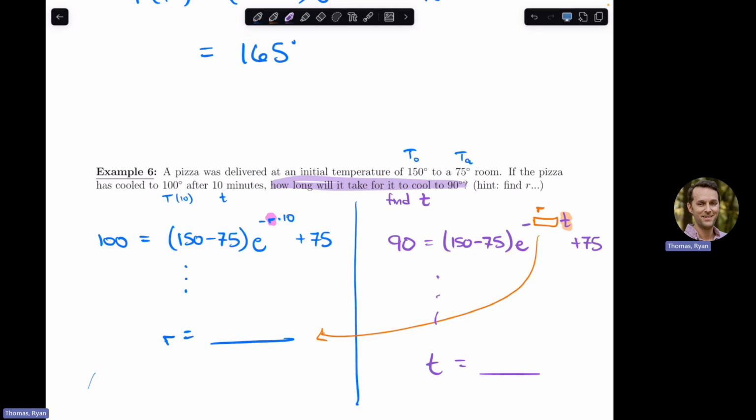So the actual steps are the same, but you have to do it in a two-step sort of thing. It's similar to what we did the page before with the radioactive decay thing, only there I broke it out into two separate questions. First we had to find k, then we had to use k to find something else. Here we have to find r, then we have to use r to find something else.